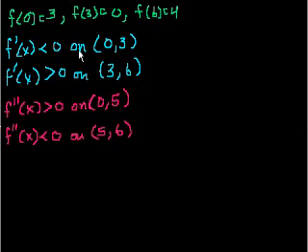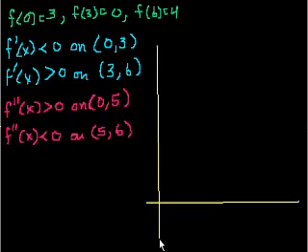So what does all this information tell us? Well, first let's just graph it. f of 0 is 3, so we have to graph the points (0, 3), (3, 0), and (6, 4). It seems like all of the action is in the first quadrant, so I'll graph it accordingly. So that's my x-axis, that's my y-axis.